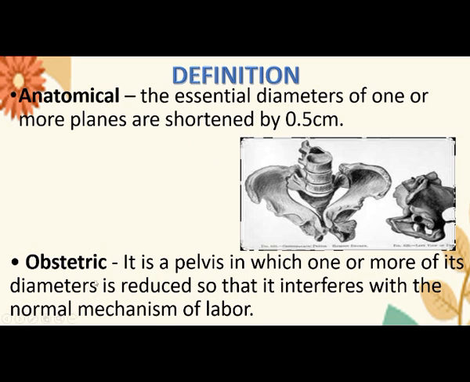Next is obstetric. It is a pelvis in which one or more of its diameters is reduced so that it interferes with the normal mechanism of labor. That is obstetric contracted pelvis.